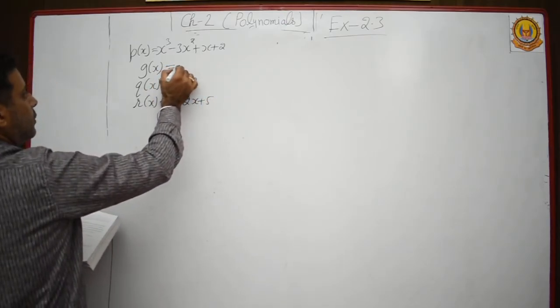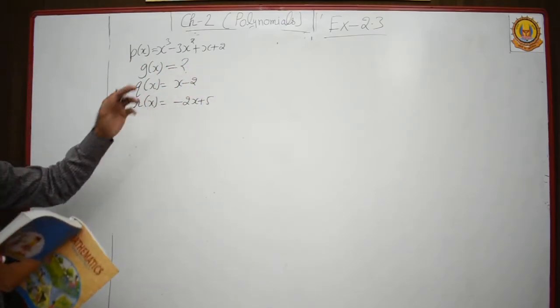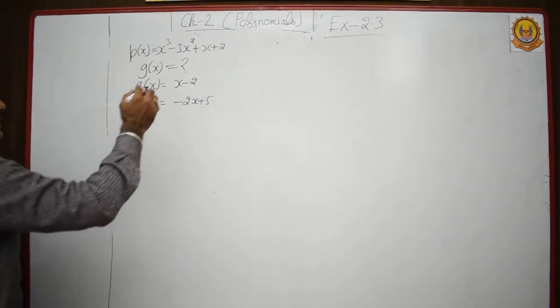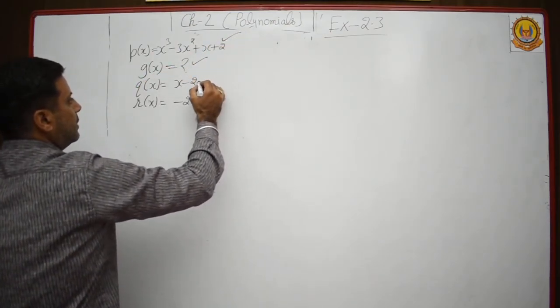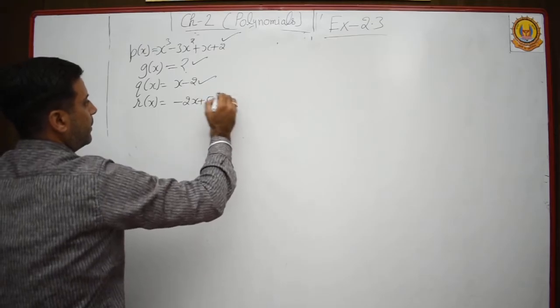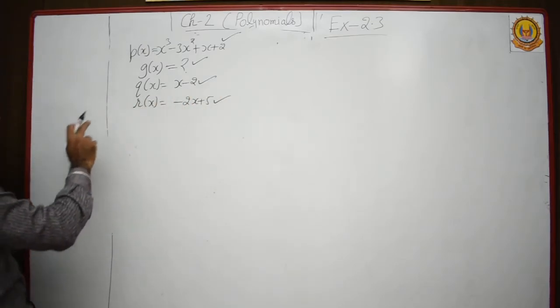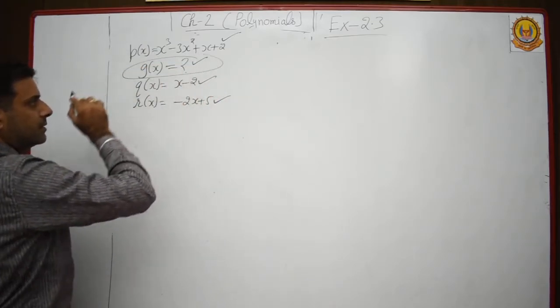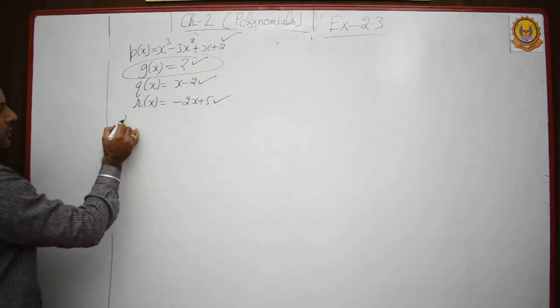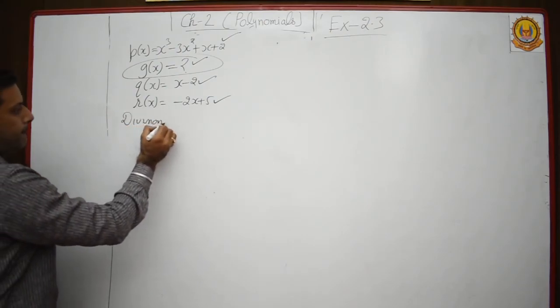So find g of x. This you have to find out. So this is dividend, divisor, quotient and remainder. For this you have to find out the divisor. Okay? So you have to use the division algorithm.